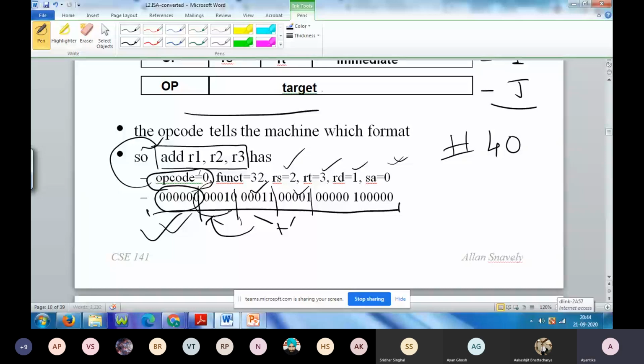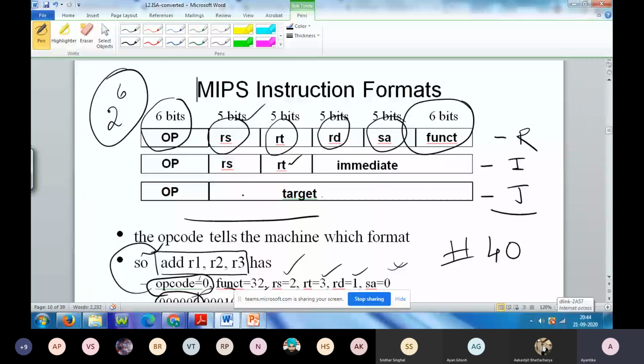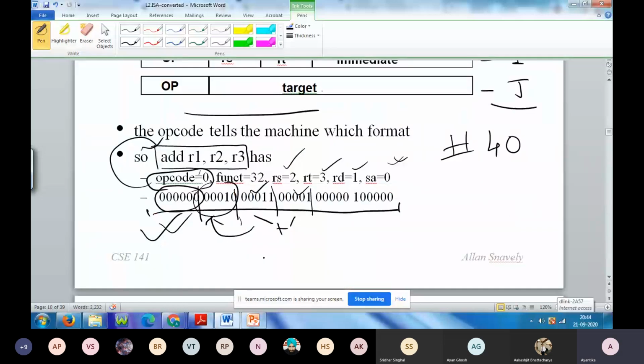So this way, because your hardware knows which type of instruction format is being followed, it reads those bits and maps them according to the convention. Then it instructs the hardware. When the opcode is 0, that means you have to perform addition.